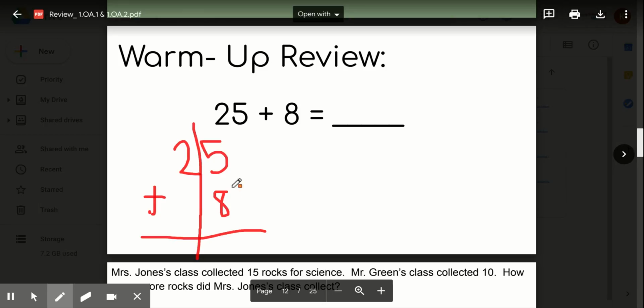I have 5 plus 8, and I'm going to start with the bigger number, then count on 8, 9, 10, 11, 12, 13. I put my ones on this side and carry my tens over here. Now I have 1 plus 2, which is 3, and I have my answer, 33.